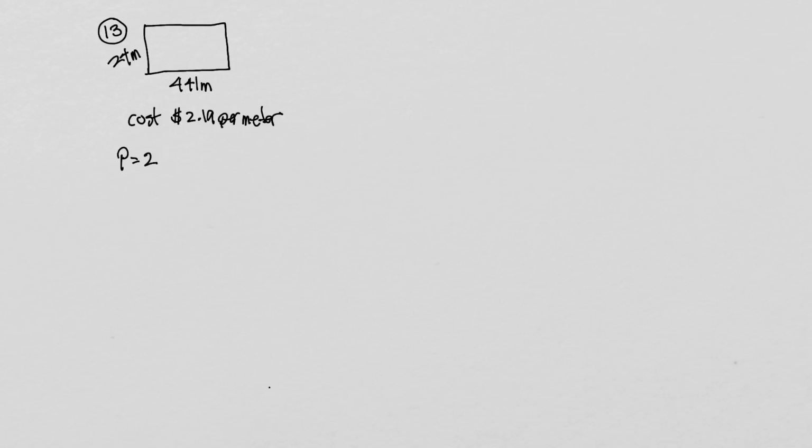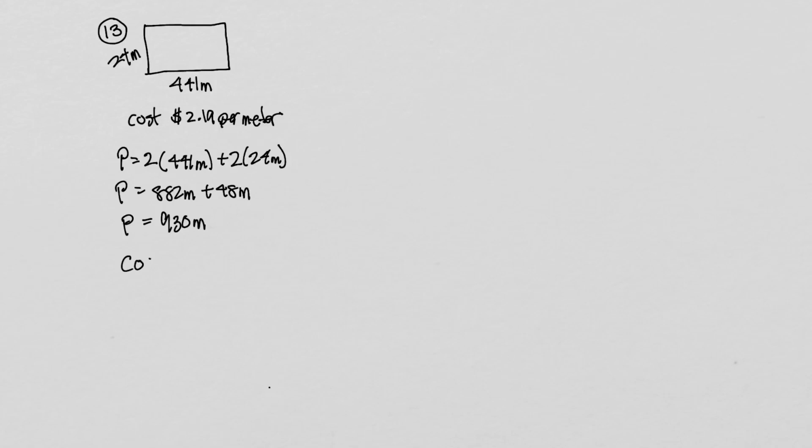So what we're going to get is 2 of those 441 meters plus 2 of those 24 meters. So this is going to give us 882 meters plus 48 meters. When I add those together, I got 930 meters.